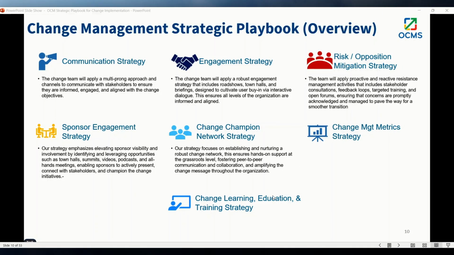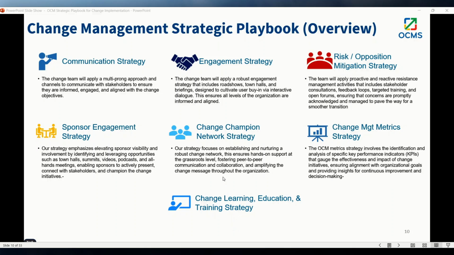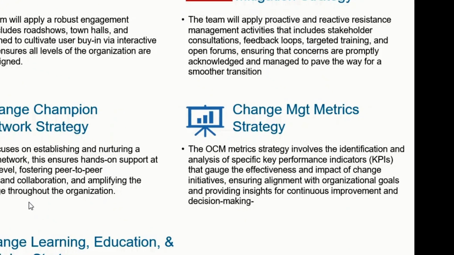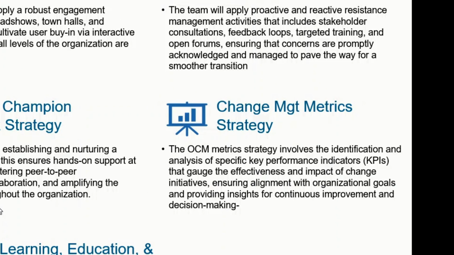You also want to tell your leadership that part of your overall strategy will involve a change management metrics tracking and management strategy. There are OCM metrics and KPIs that you want to ensure that you are tracking.